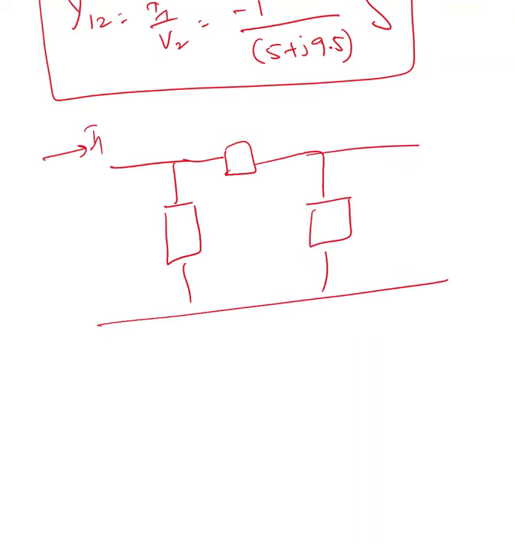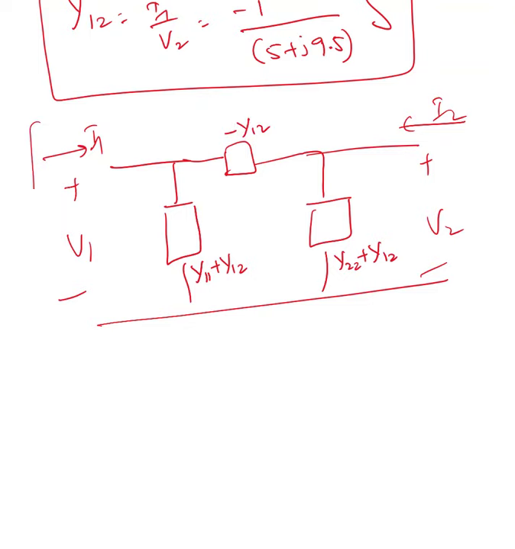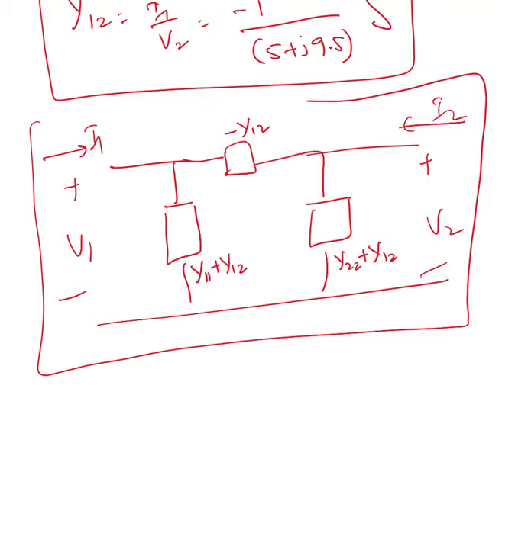Here is I1, V1, and I2, V2. This quantity is Y11 plus Y12, here Y22 plus Y12, and here negative Y12. This is the pi equivalent circuit.